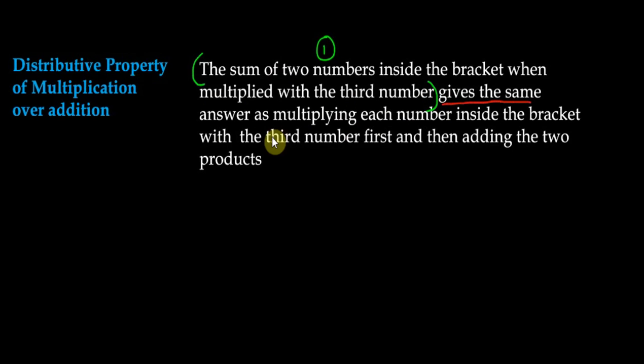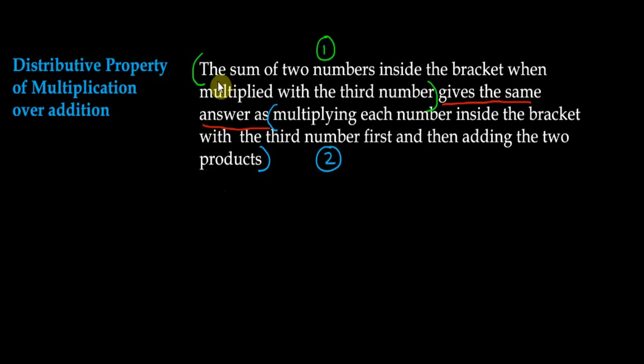It gives the same answer as multiplying each number inside the bracket with the third number first and then adding the two products. So this is our second part of the statement. Now let's express these two parts of the statement with an example.